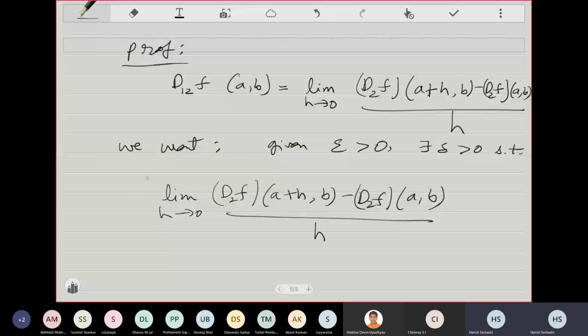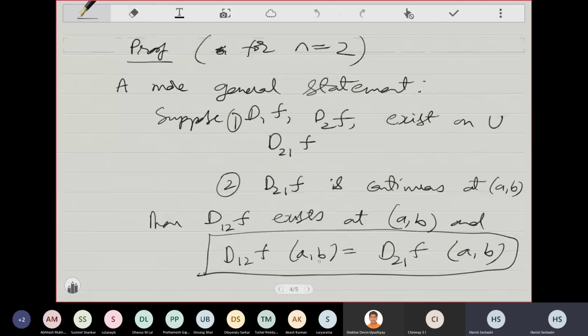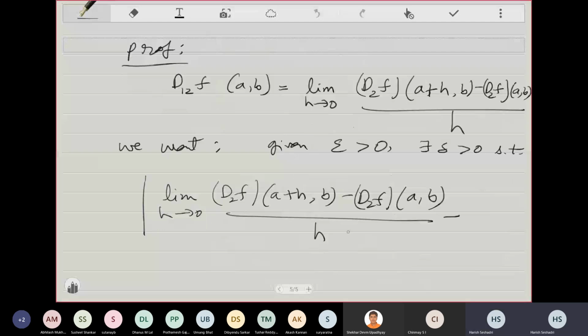So this limit minus, after all, we have a candidate for this limit. So we want to say that this limit exists and is equal to, remember that we are looking at the left-hand side, that is supposed to equal D21 f at (a,b).